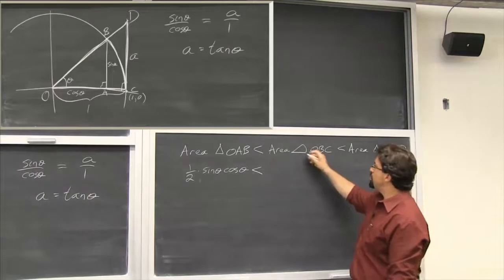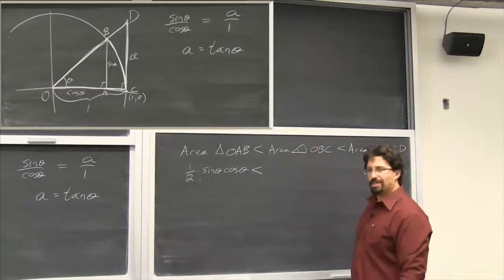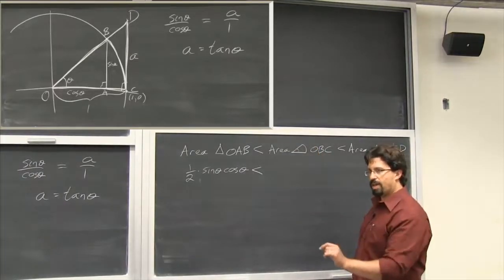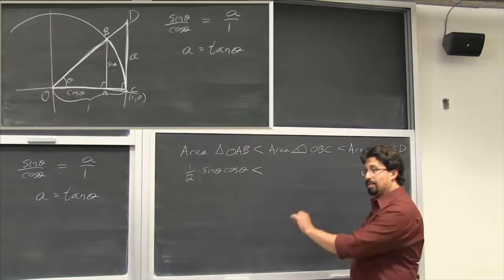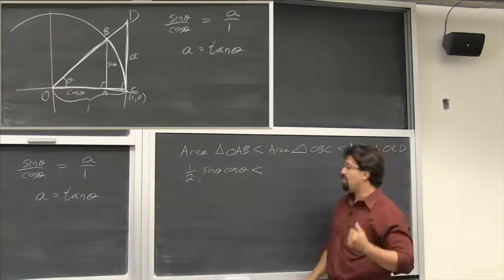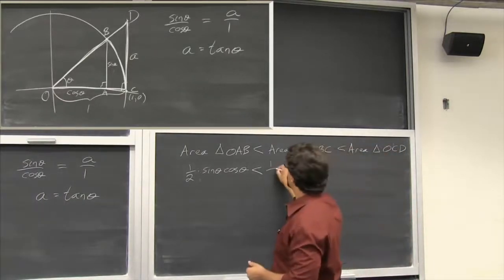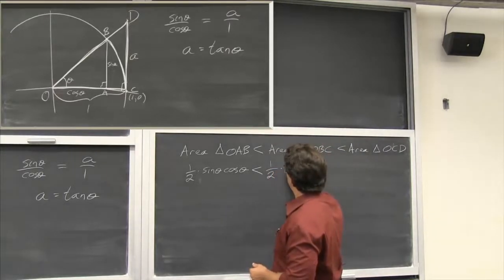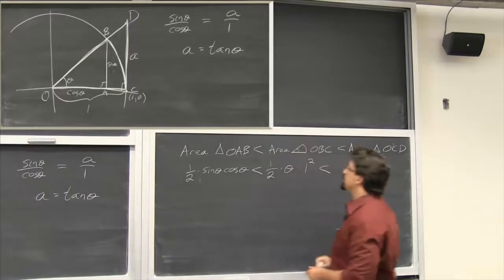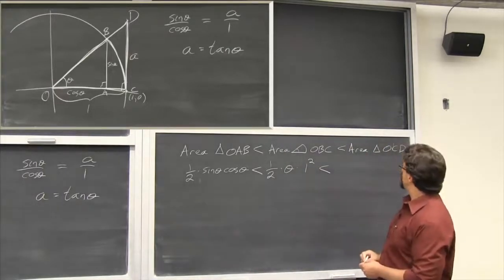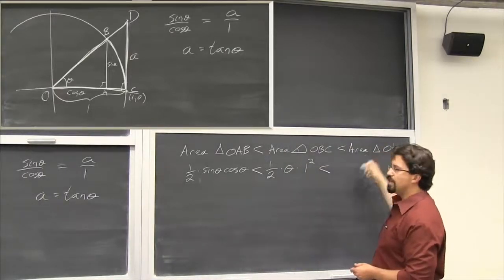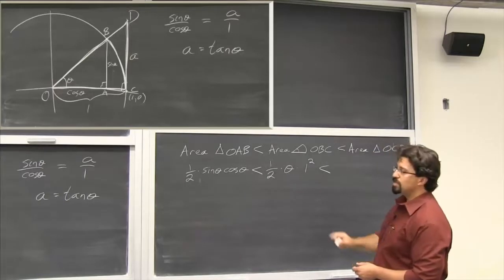The area of a sector of angle theta is 1/2 theta times the radius squared. We saw that way, way back when we first talked about all of this. So this is a half times theta times 1 squared. And this is going to be less than the area of the triangle OCD.